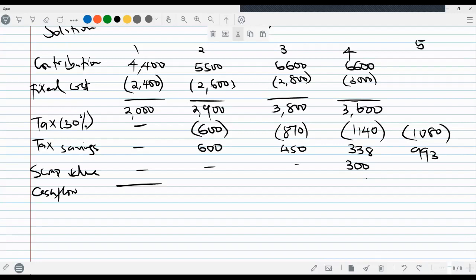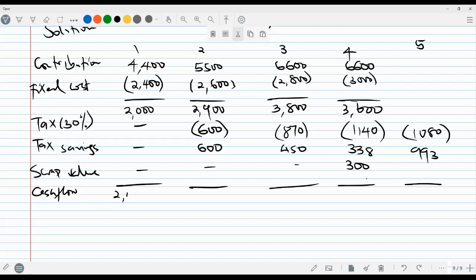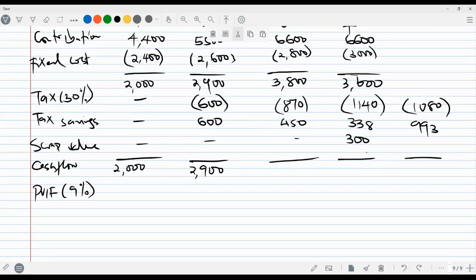So cash flow, year 1, year 2, 3, 4, and 5. 2 million, 2.9 million, and the others. We discount at 9%. Don't forget I've done the rounding off to the nearest percent so I can use the table.